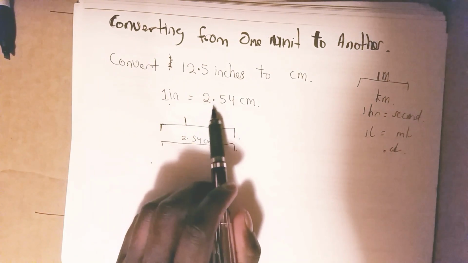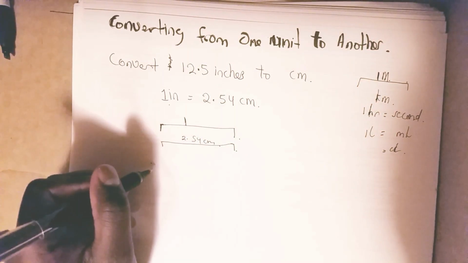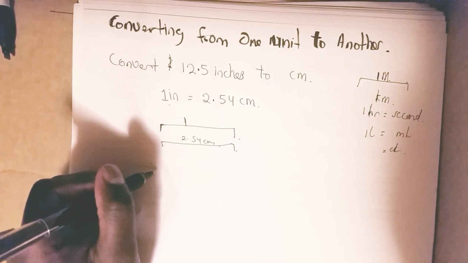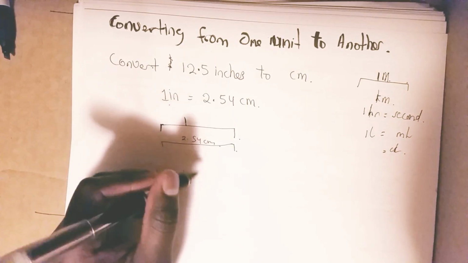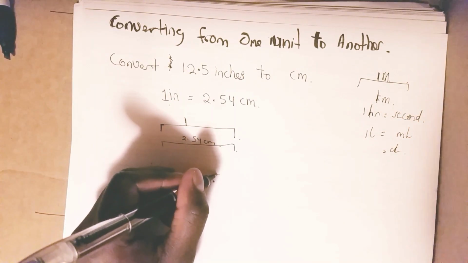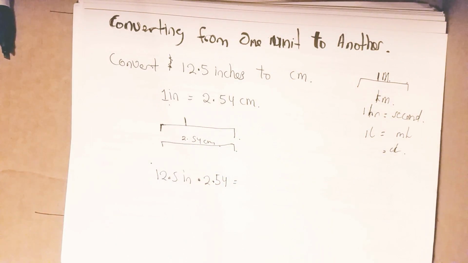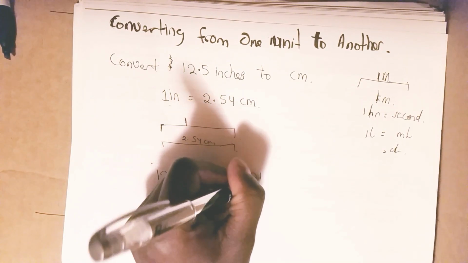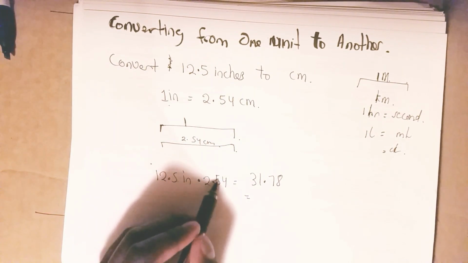1 inch is equal to 2.54 centimeters. So if 1 inch is 2.54 centimeters, then 12.5 inches will be 12.5 multiplied by 2.54, and the answer is 31.75, and you round that off to 3 significant figures.